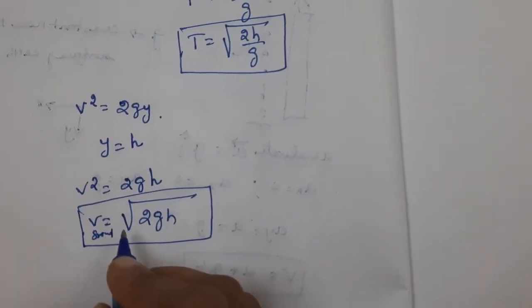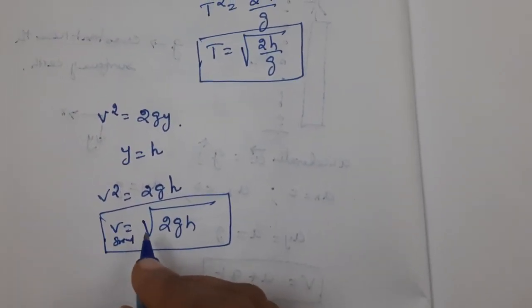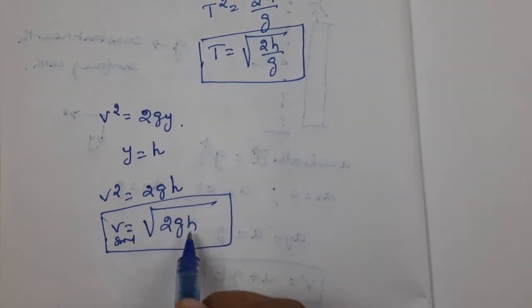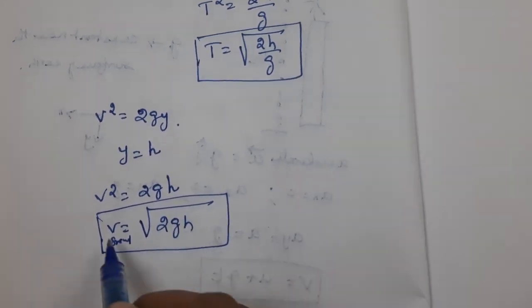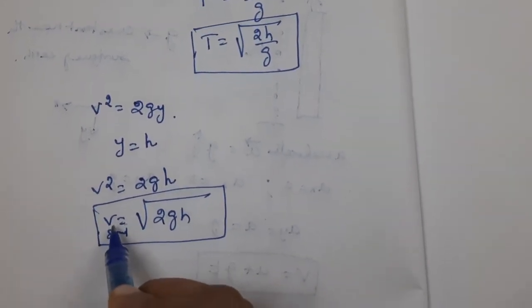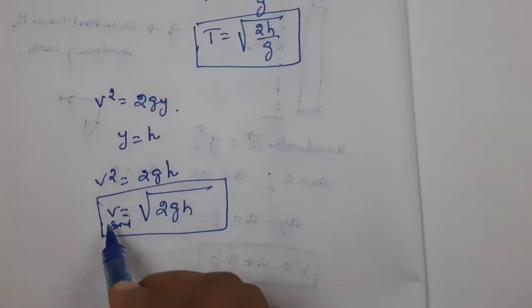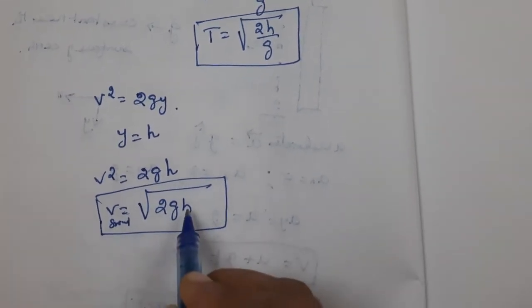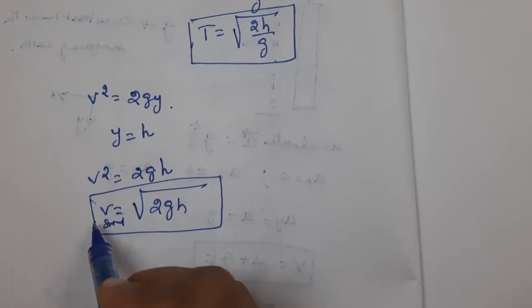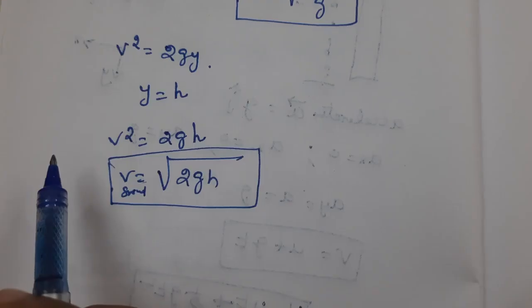So this equation implies that a body falling from greater height will have the higher velocity. When the height increases, velocity also increases.